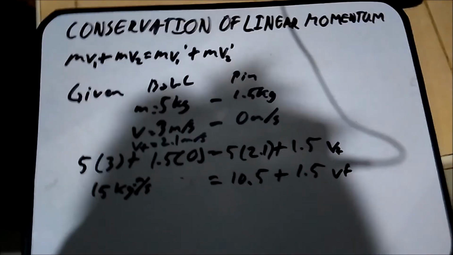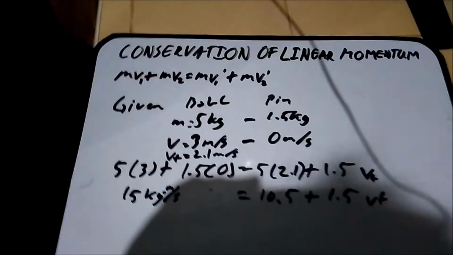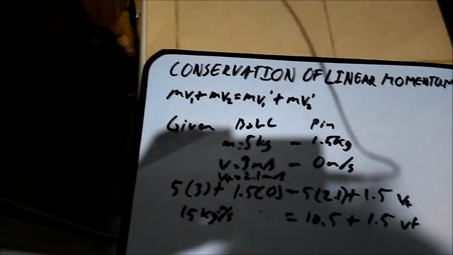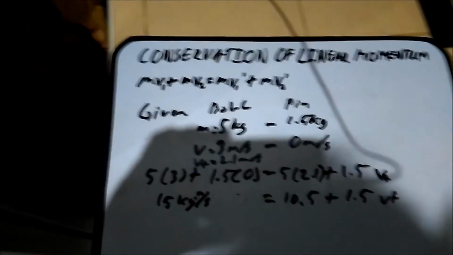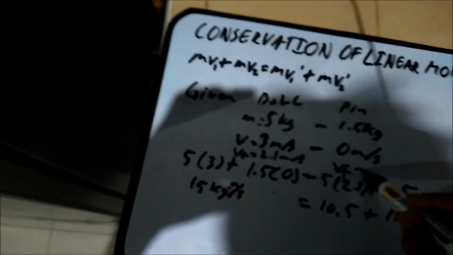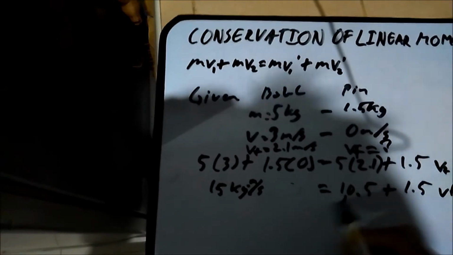Sorry for the short delay, because my phone is slow and I have to charge it in the kitchen. Now to continue: mass times velocity is momentum, so we are going to find the final velocity of the bowling pin after the collision. The final velocity is still a question mark. Now solve it. I'm going to transpose this one here because they have the same unit.